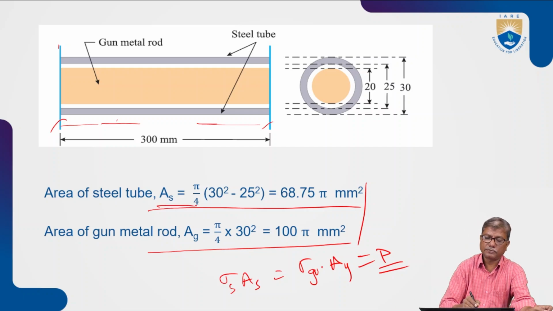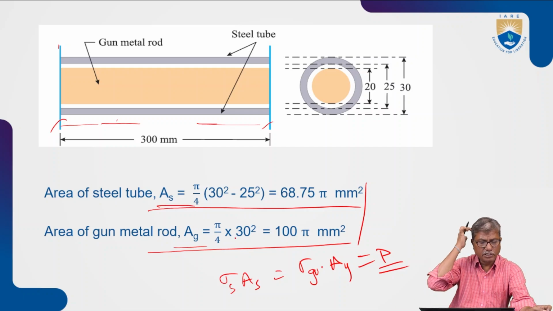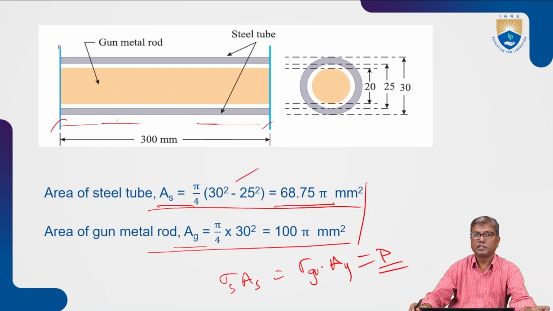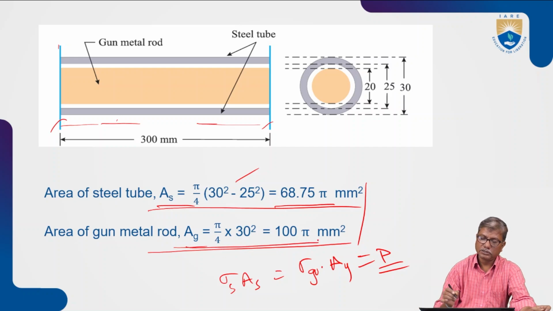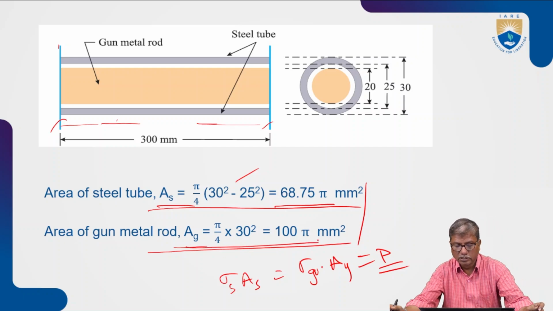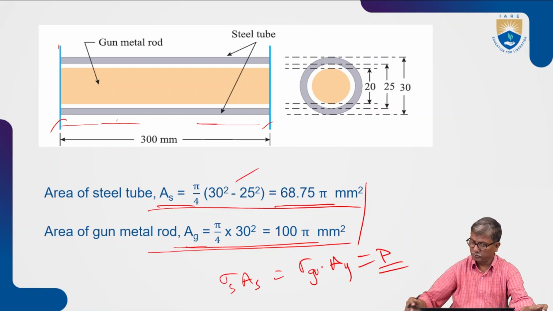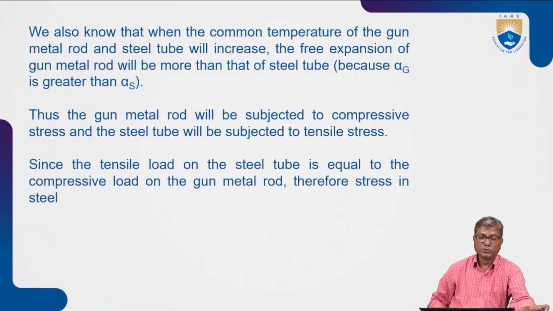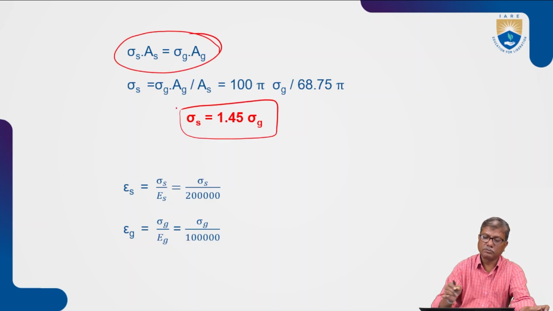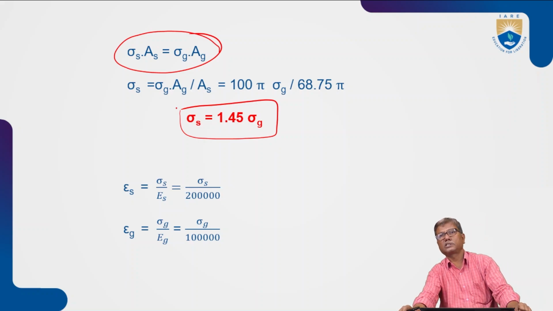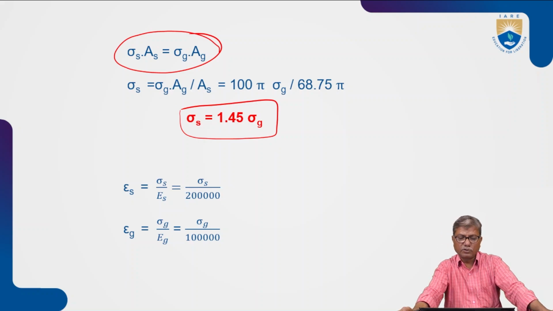Now areas are area of steel tube in terms of pi, 68.75 pi mm square, and that for gunmetal rod is 100 pi mm square. Okay. So now from this relation you will get sigma S in terms of sigma G, stress in steel, equal to 1.45 times stress in gunmetal rod.